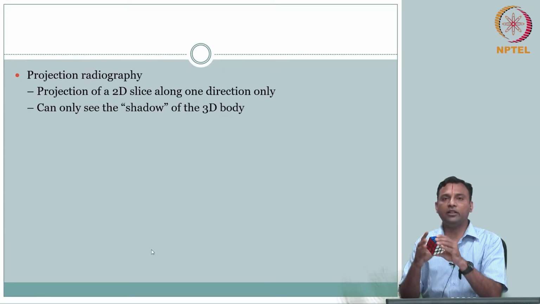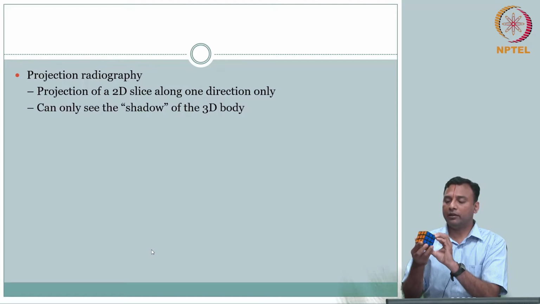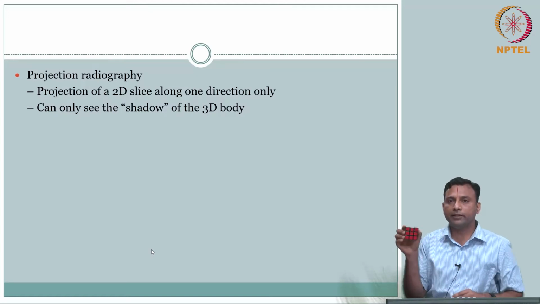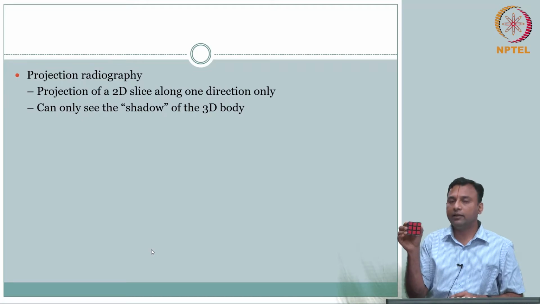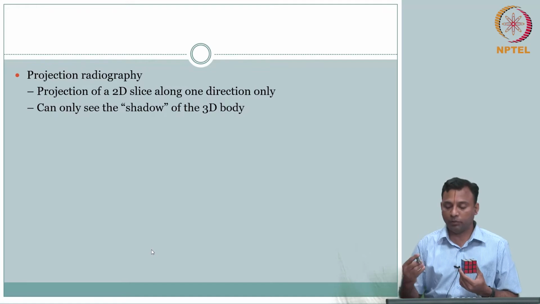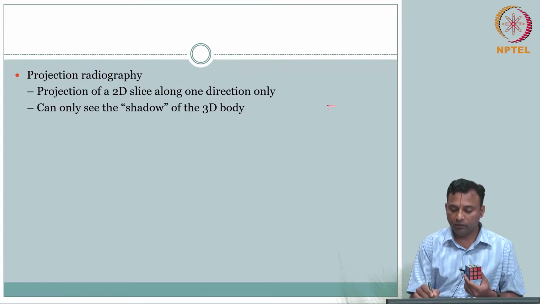So optically you see it's a 3D thing, but what we were doing in projection radiography is, say for example, if I showed you like this, if I showed you like that, you will not know whether this is 3D or not, you only saw the projection of this.